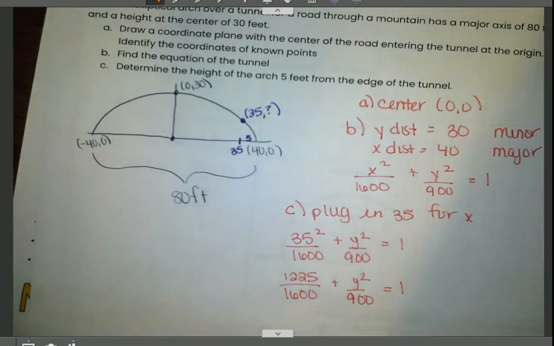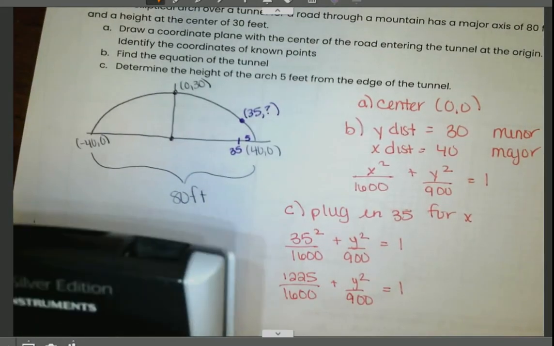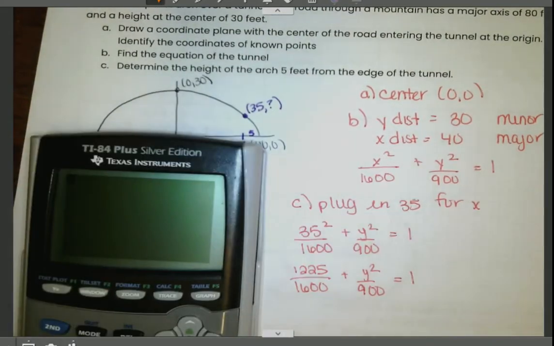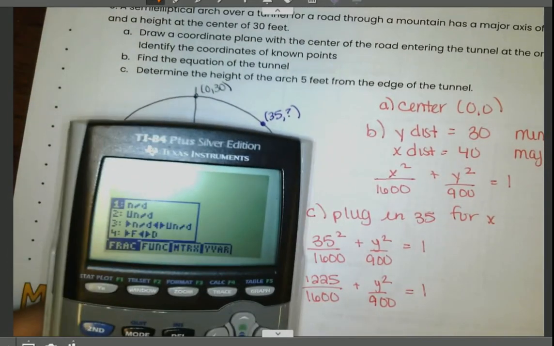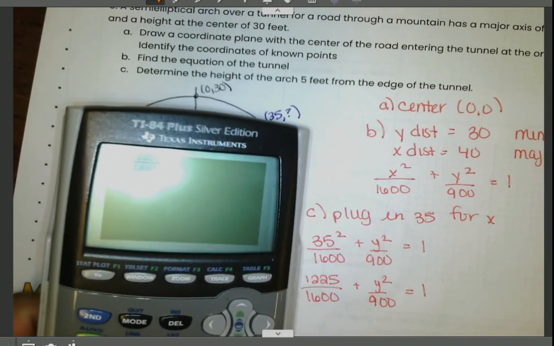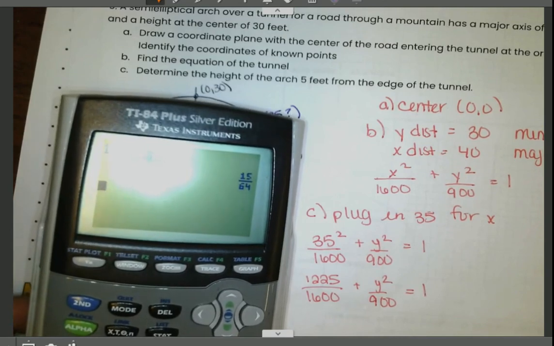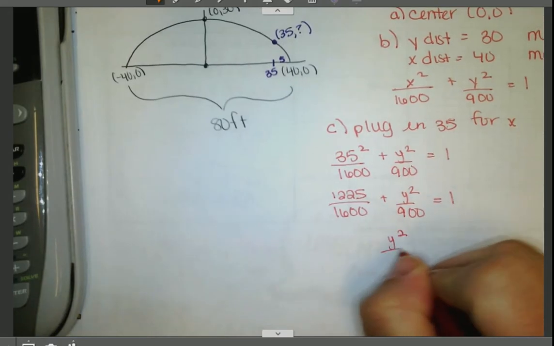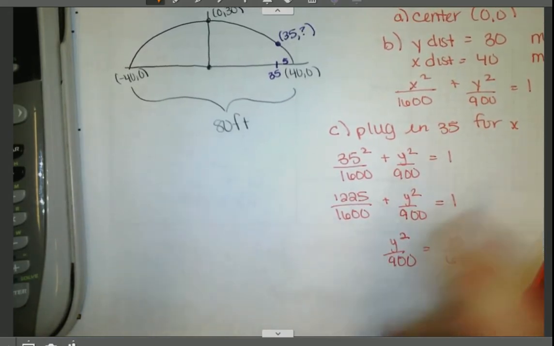So when we do that, we are going to want to enter in 1 minus and do your alpha y equals, because who wants to waste time dealing with fraction skills? And we get 15 over 64, so a much friendlier number. So y squared over 900 is now equal to that, all nice and reduced.